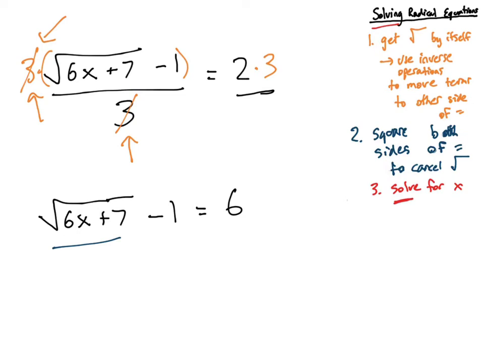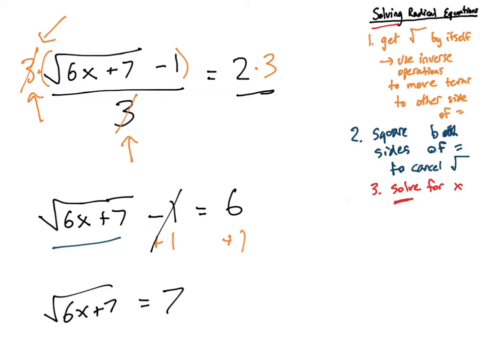This minus 1 is something that is being subtracted from our square root. So the inverse operation that will cancel that out is if we add 1 to both sides, and we get square root of 6x plus 7 equals 6 plus 1, which is 7.